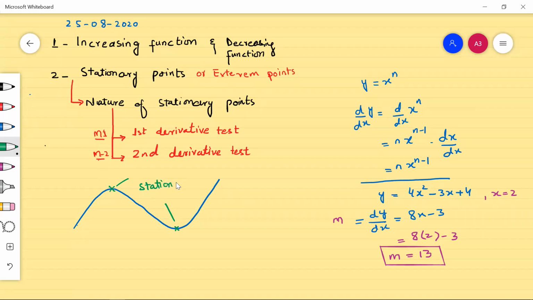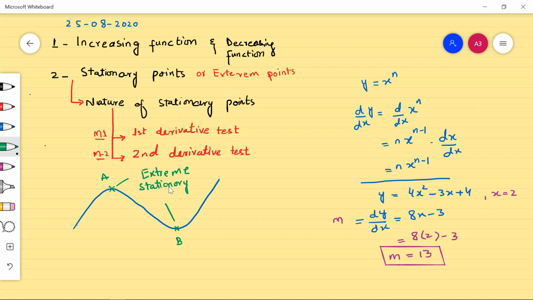Stationary point or extreme point. These points are either maximum or minimum. For example, the first point, number 1, I name it A. A is maximum, while this point B is minimum.